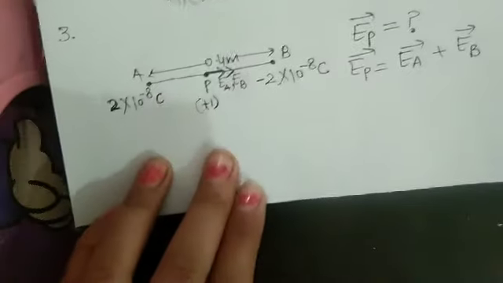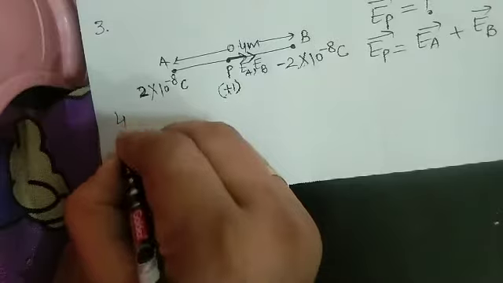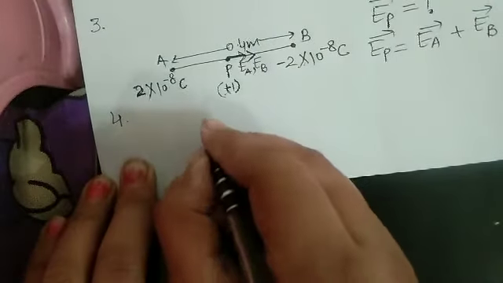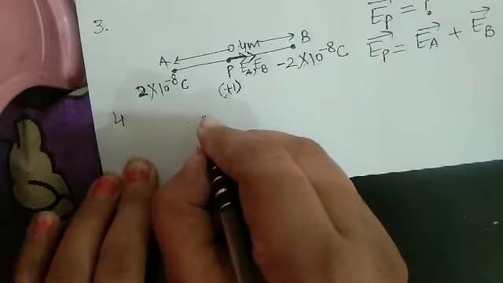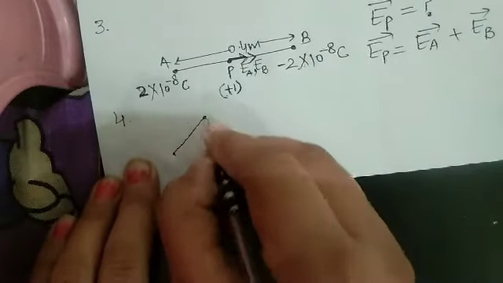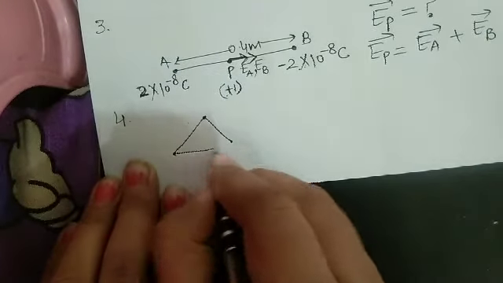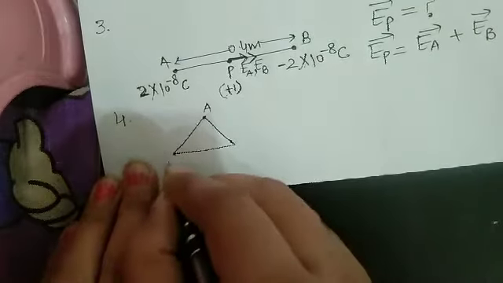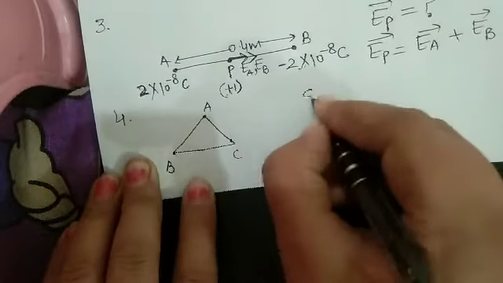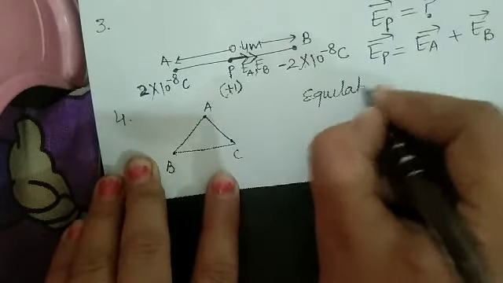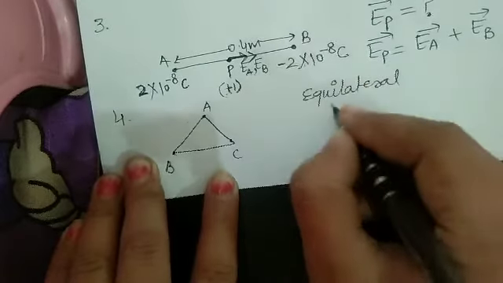Okay, next I want to take another example where there are 2 point charges. Let it be an equilateral triangle ABC. What is given to us? An equilateral triangle.